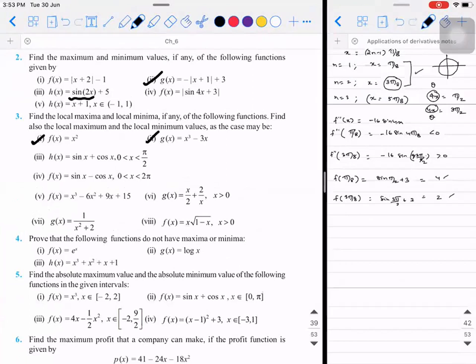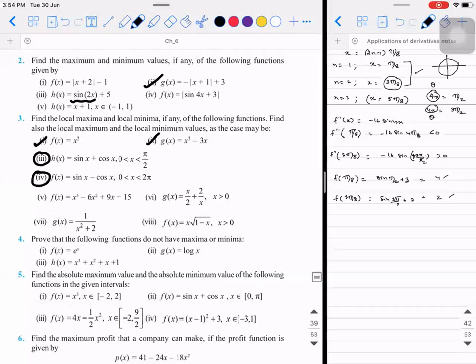Find also the local maximum and local minimum values as the case may be. You can try it as homework, not now. The problems I'm going to do are this one and this one, and one problem which has a denominator and a square.